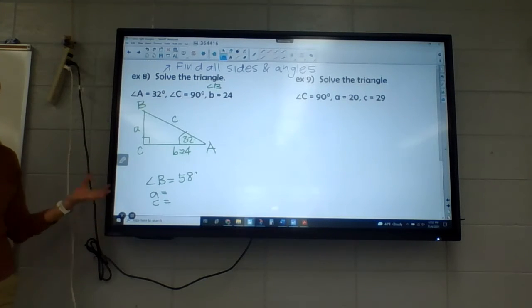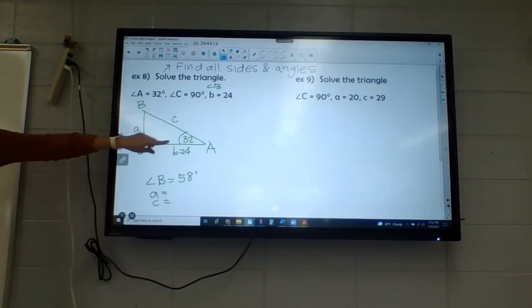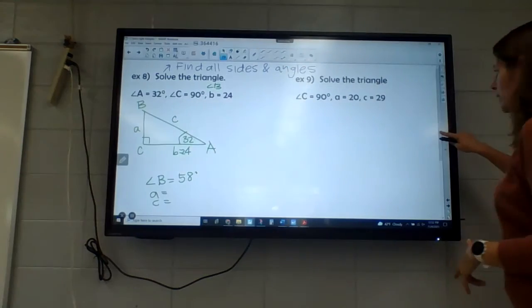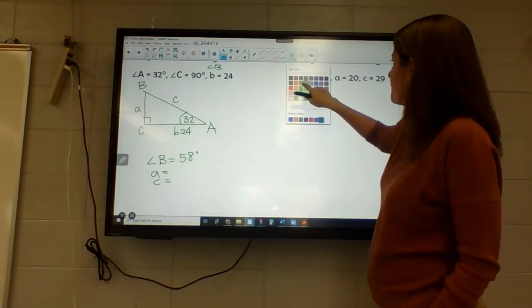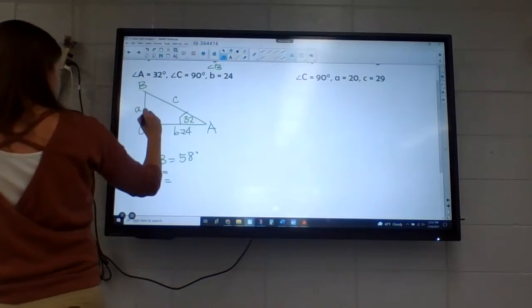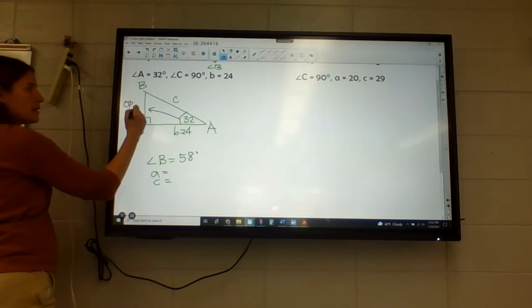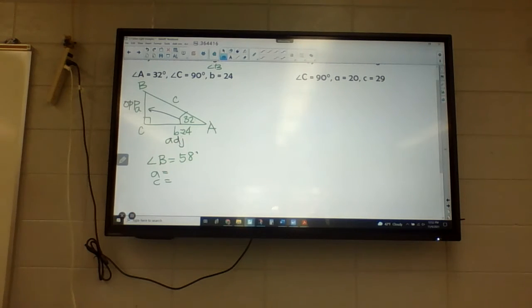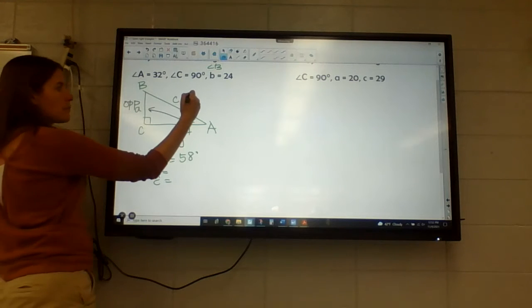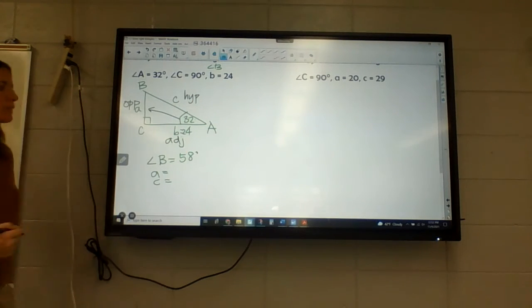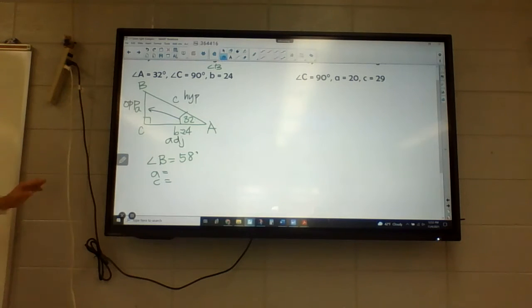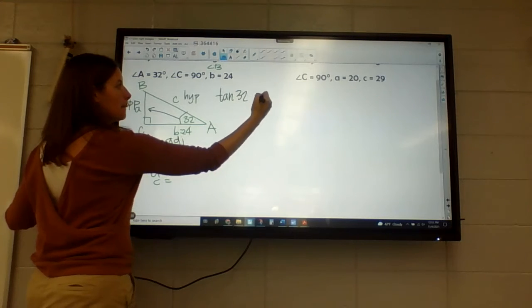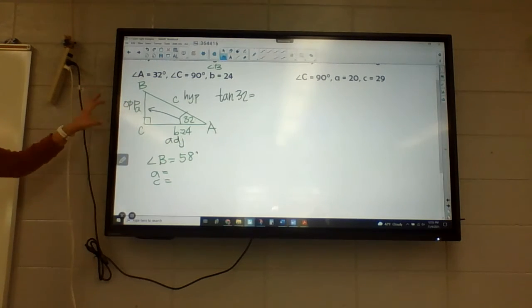Now we want to find side A and side C. But I already know this angle 32 and I have the side of 24. So we're going to set up a trig ratio. Here's my opposite, here's my adjacent, and then this is hypotenuse. I'd probably start with tangent to figure out little a. It's kind of confusing that I'm calling opposite little a.